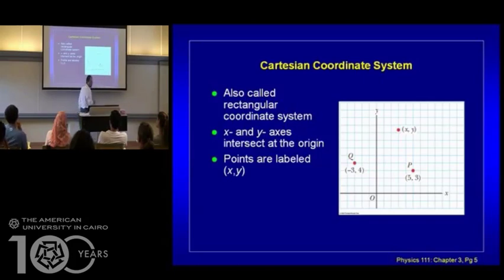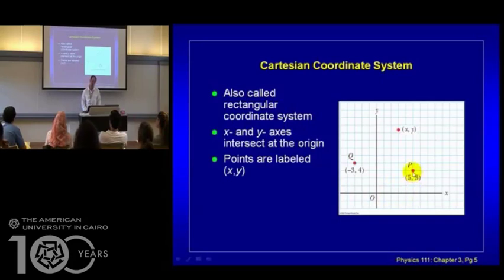This is the x-axis. This is the y-axis. Each square represents 1 meter. Now, if I want to describe the point P, how can we describe it? As you see, it's 5 units along the x-axis and 3 units along the y-axis.